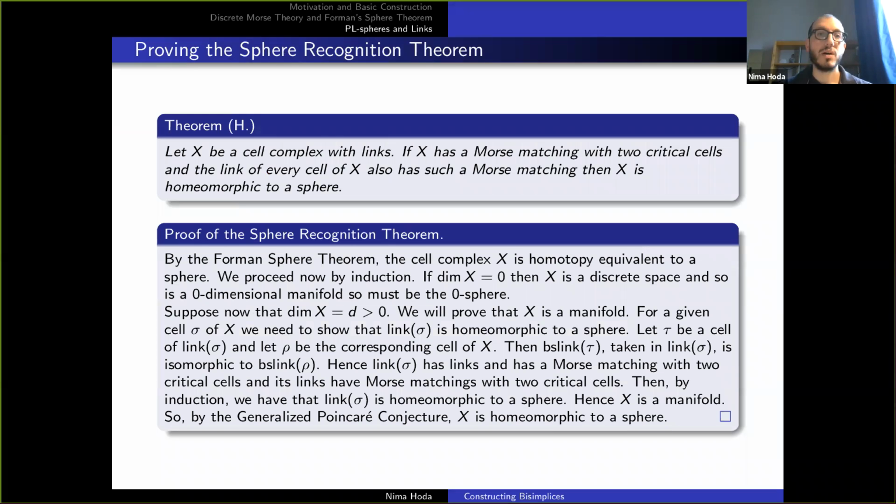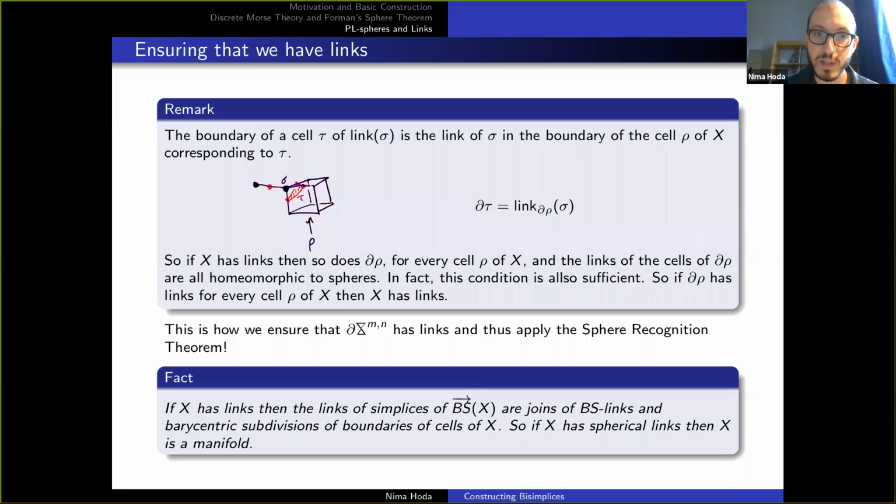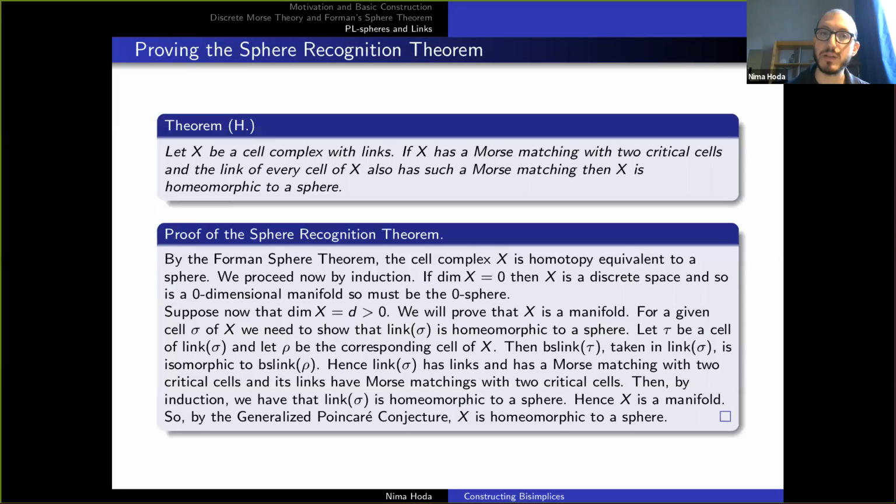Okay, so those are all the ideas that we need to put together, so let's prove the sphere recognition theorem.